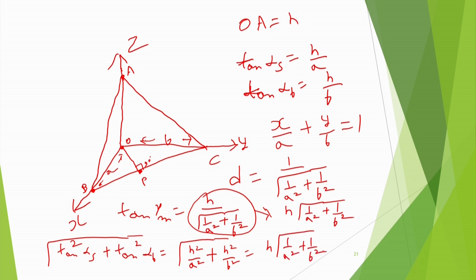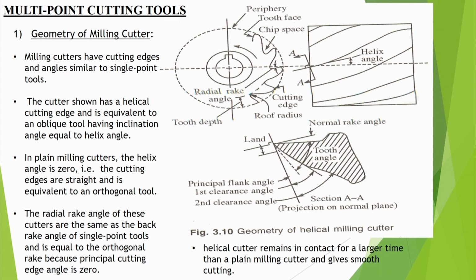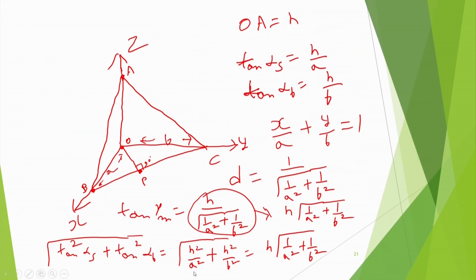So what does it show? It shows that tan gamma M is equal to under root tan square alpha S plus tan square alpha B. So I have proved this for you. You should have some interest in doing this type of mathematics, then you can make it out.